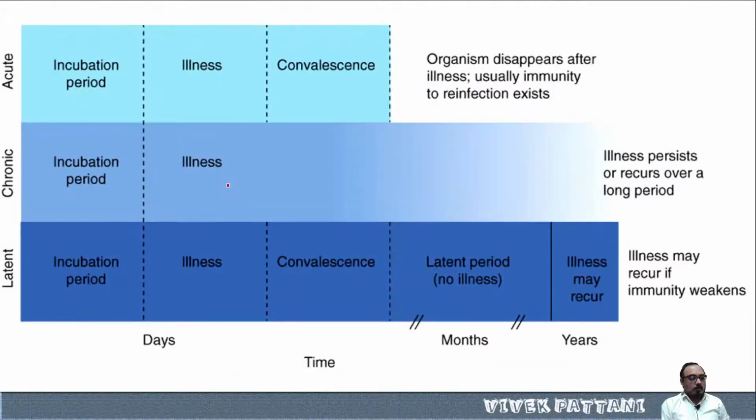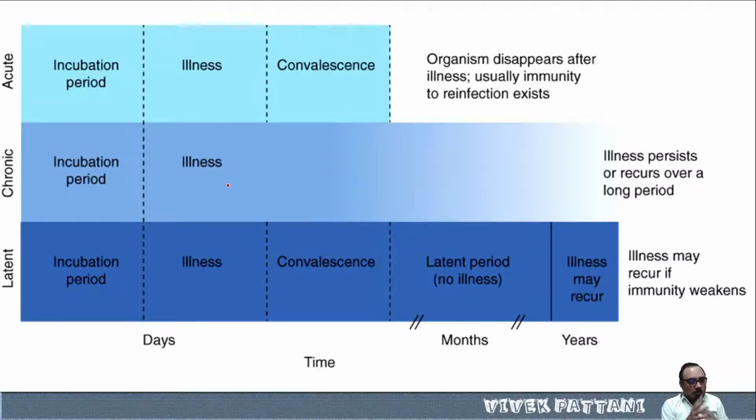Now moving forward to different scenarios: a latent infection, a chronic infection, and an acute infection. In the case of an acute infection, there is a very short period of infection. There is an incubation period, then the illness period. There will be no prodromal period in this case, but it may appear for a very short period of time.